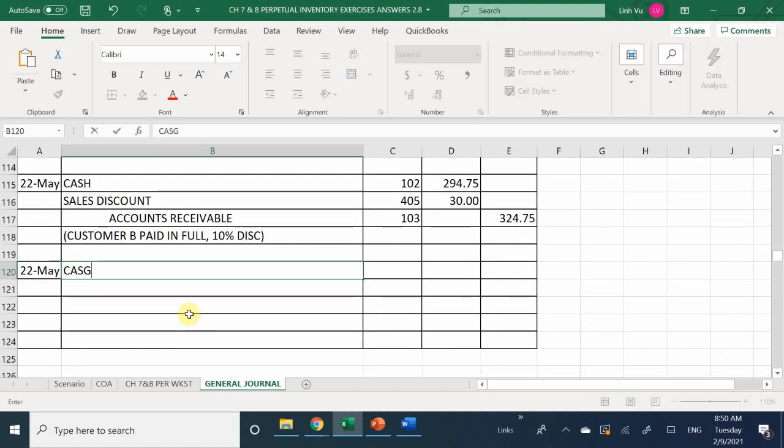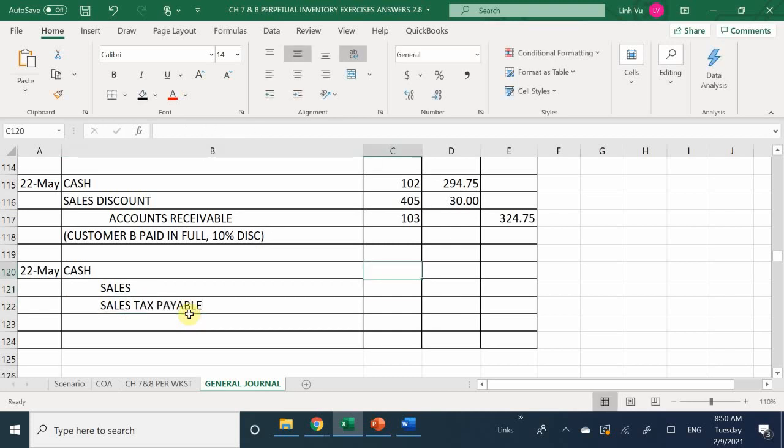Yes, we got cash for this. We also need to recognize what? Sales. Sales tax. Okay, so cash is 102, sales is 401, sales tax is 230.